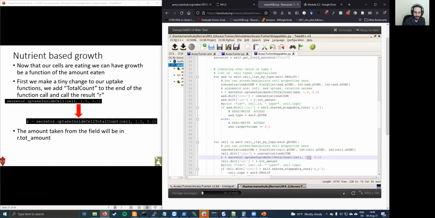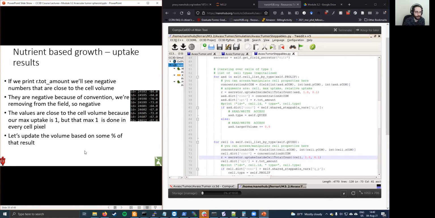And since we are telling it to have a maximum uptake of 1, the maximum uptake result is the cell volume. And that gives us an easy way to normalize the uptake based on cell volume and so on. Yeah, here I have it.